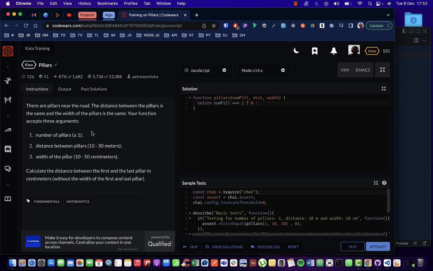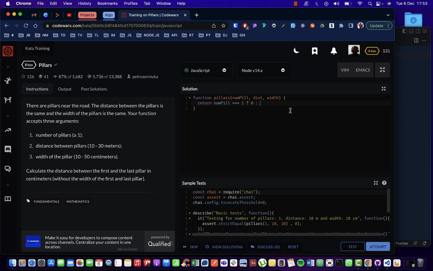So if we have two pillars, then we know that there is only one distance between the two pillars. The same way, if we have three pillars, then there will be two distances. You have to consider the distance between the first and the second, and also the distance between the second and the third, and so forth. So what we can see is that there will be a -1 distance between the number of pillars.